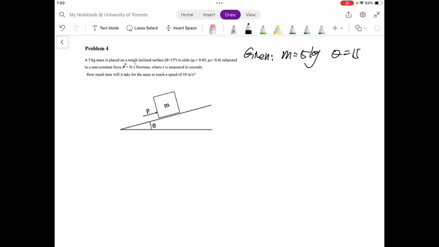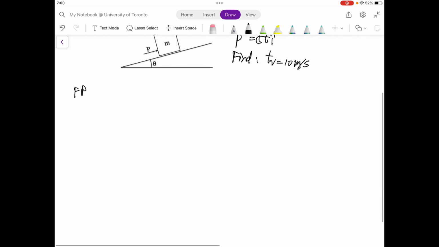Theta is equal to 15 degrees. Static friction factor is equal to 0.45. Dynamic friction factor is equal to 0.4. P is equal to 5t in the i direction. What we need to find is time t for when the velocity reaches 10 meters per second.